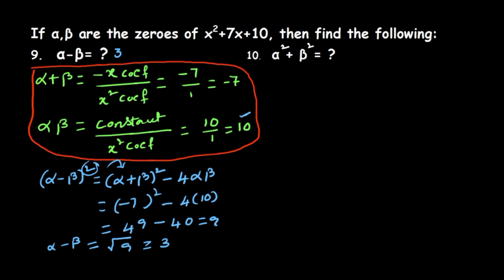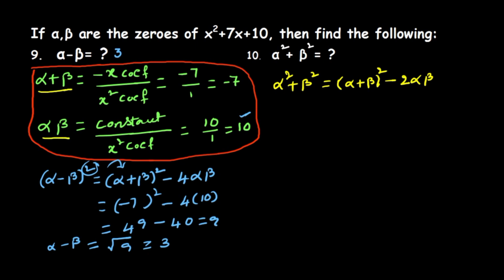What is alpha square plus beta square equal to? Here is an important and beautiful formula from algebraic identities: a square plus b square equals a plus b whole square minus 2ab. Similarly, alpha square plus beta square equals alpha plus beta whole square minus 2 alpha beta. Whatever question they give, it is a combination of alpha plus beta and alpha into beta.